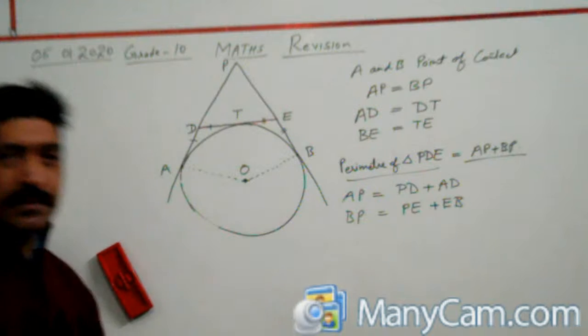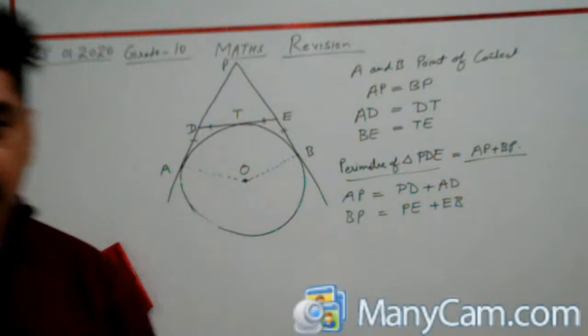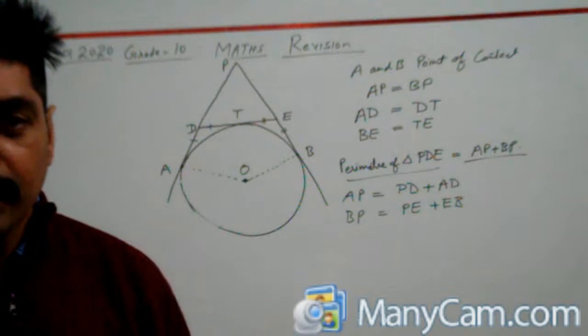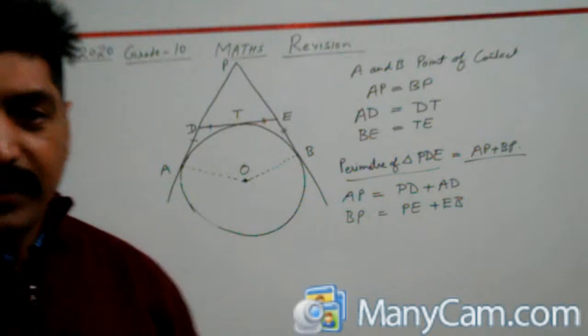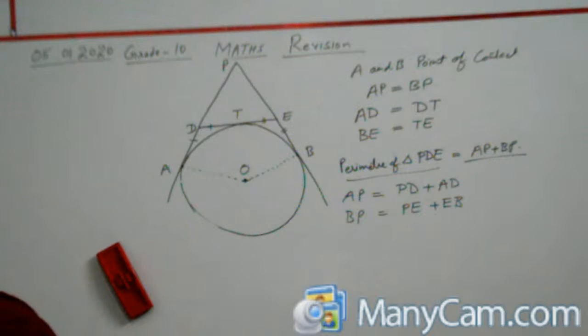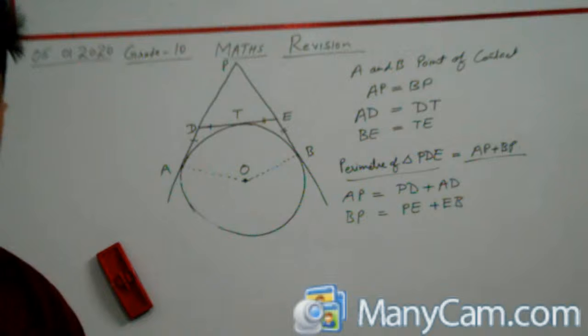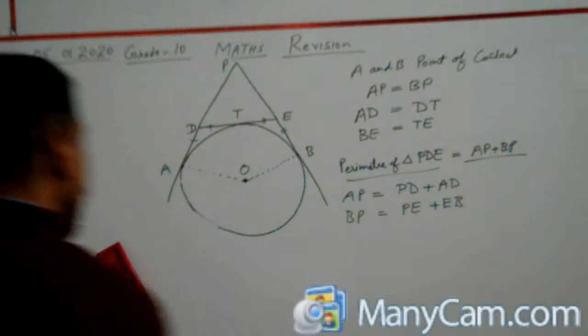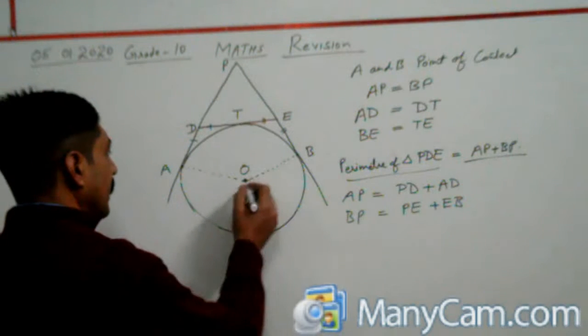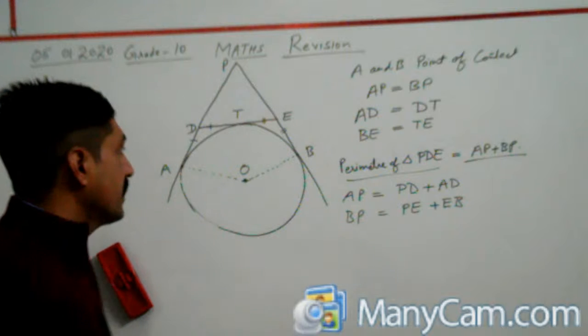So just framing the equations, we can find that the perimeter of the triangle PDE is equal to the sum of the lengths of the sides.